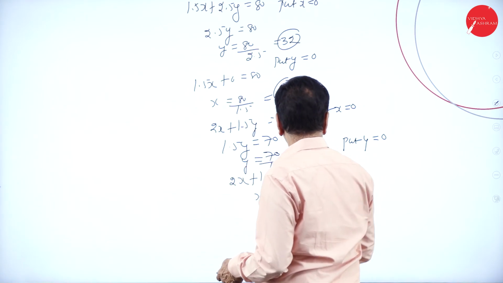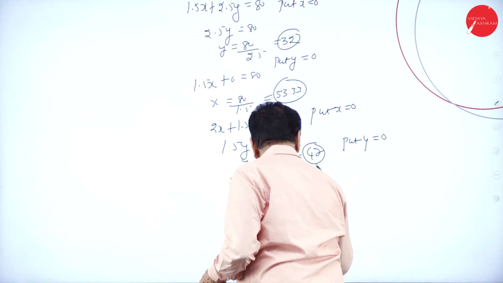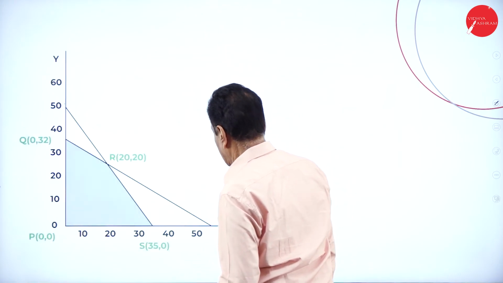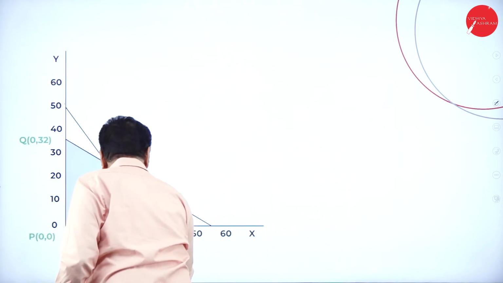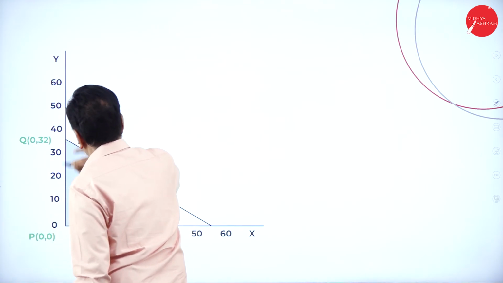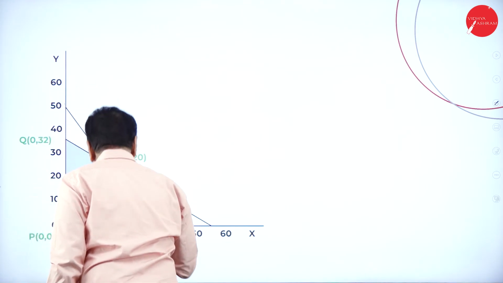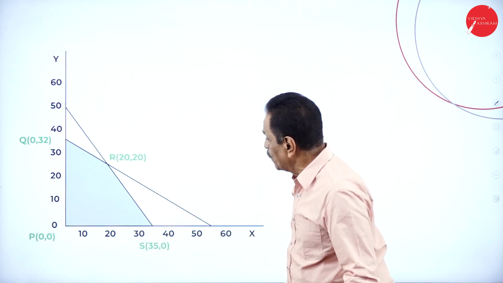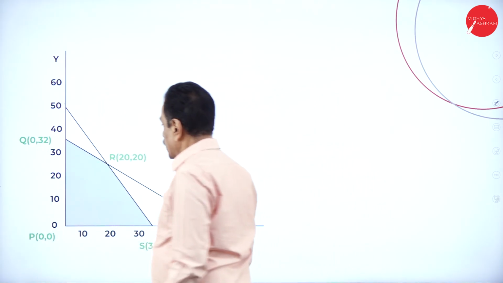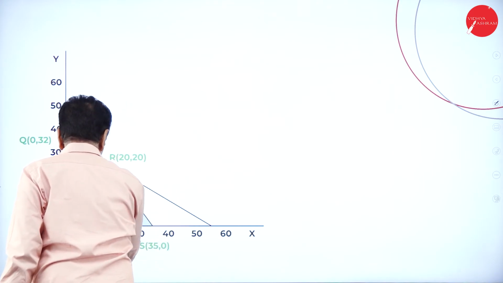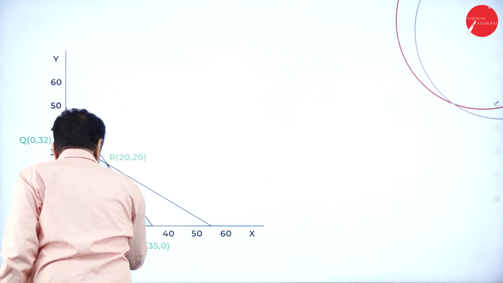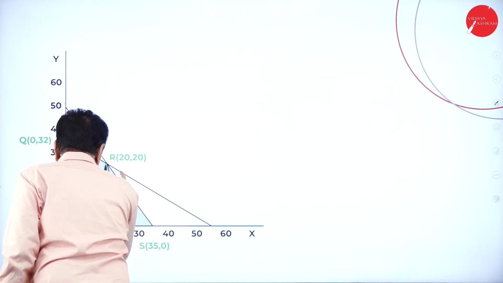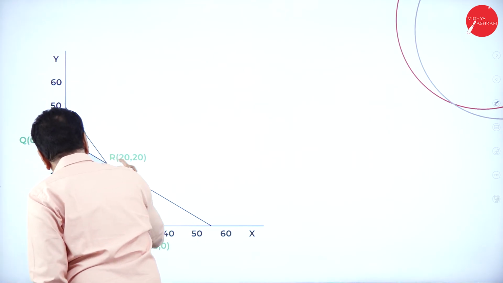Correctly you have done. And the intersection of the two equations is 20, 20. They join here, at 20 and 20. This is your graph.